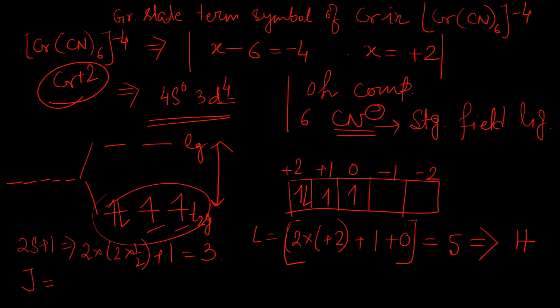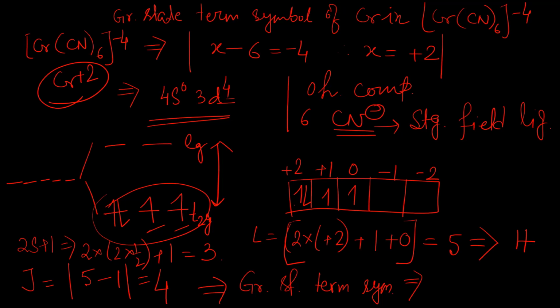As it is less than half filled, it will be represented by L minus S. S is 1, so it is 4. So the ground state term symbol is 3H4.